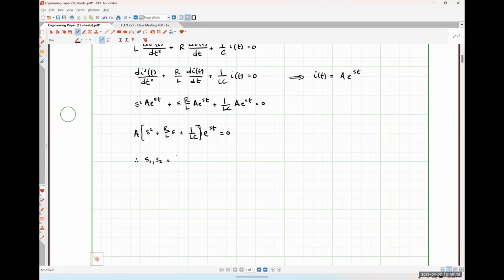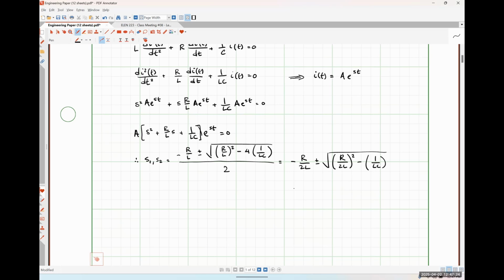That's going to look like negative R over L plus or minus the square root of (R over L) squared minus 4 times 1 over LC, all divided by 2. Bringing that factor of 2 into the denominator gives us negative R over 2L plus or minus the square root of (R over 2L) squared minus 1 over LC.